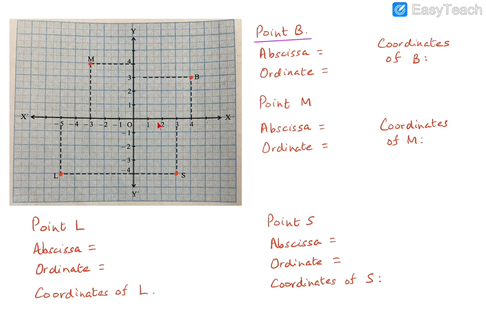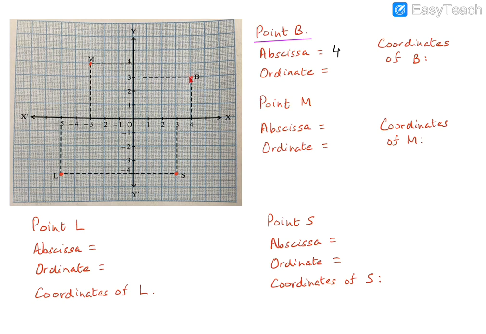So 4 unit distances, that's 1, 2, 3, 4. That's 4 steps. So it represents a distance of 4 from the origin. So if you draw a line perpendicular to the x-axis from the point B, it meets at the number 4. So that means the x coordinate of the point B is 4. The x coordinate is also called the abscissa. So the abscissa for the point B is 4.